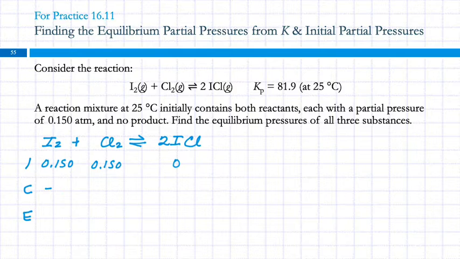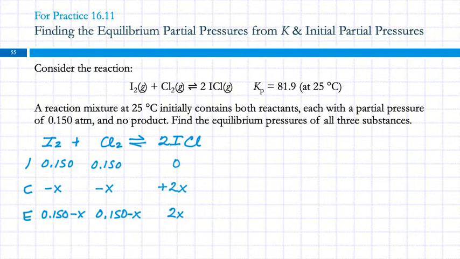So let's call this one minus X. And then Cl2 will decrease by how much? Minus X. And our product will increase by how much? Plus 2X. Is everybody seeing how I'm doing that? Okay. So then we just add the I and C rows, and we've got 0.150 minus X, 0.150 minus X, and 2X.